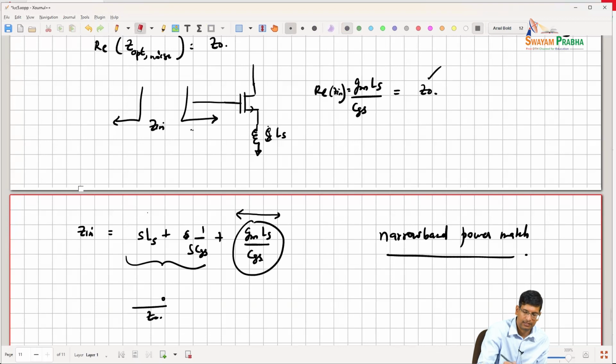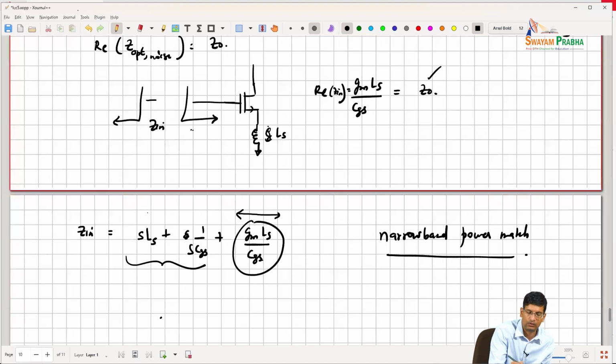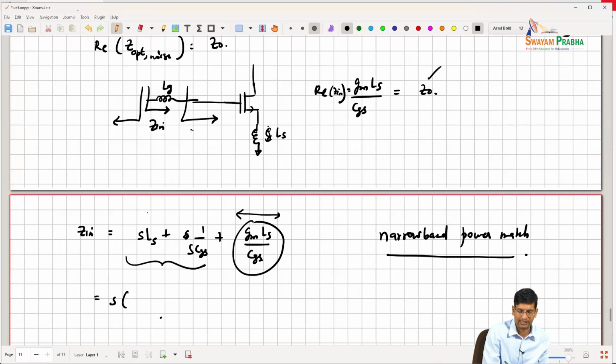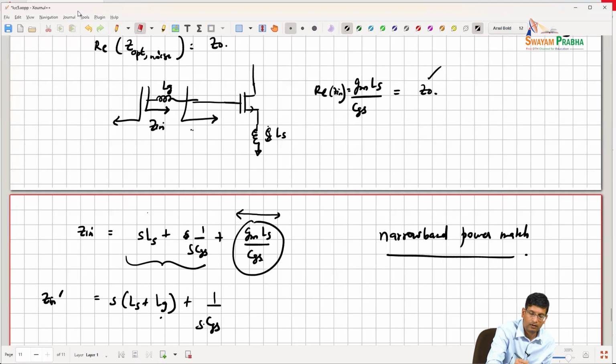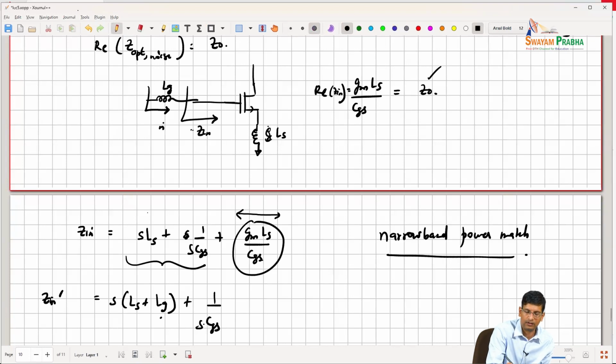Actually, very often what ends up happening is that, in order to resonate it, you need to have a series inductance here as well, which is Lg, so that when you look in over here, what you will see is Ls plus Lg plus 1 over S CGS. Let's call this over here Zn and this over here Zn prime.